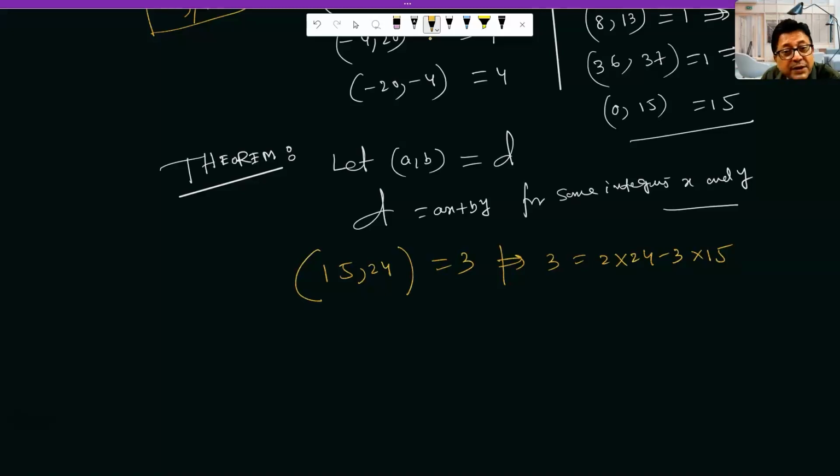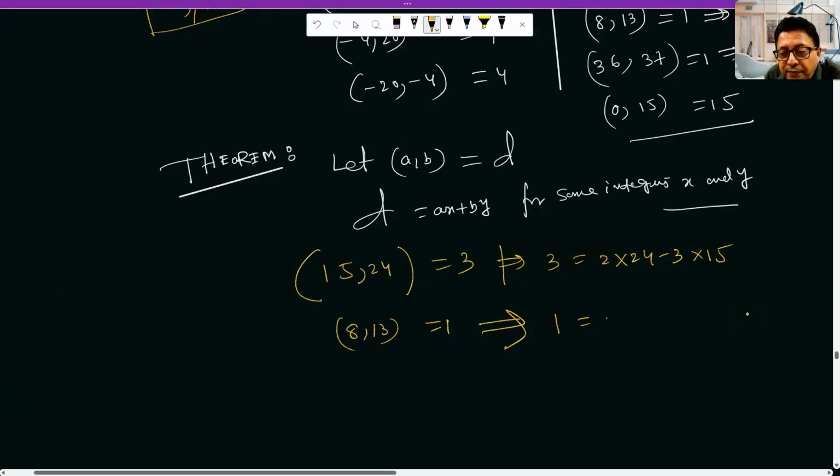But for bigger numbers there is a problem. GCD of 8 and 13, if somebody asks you to write that, it is 1. So this will imply that 1 is equal to, can you write this? How to write it? Just check.